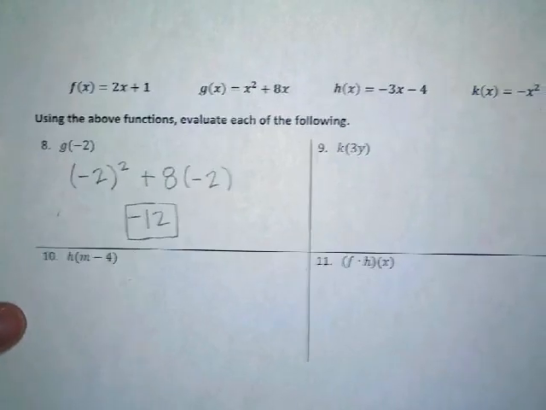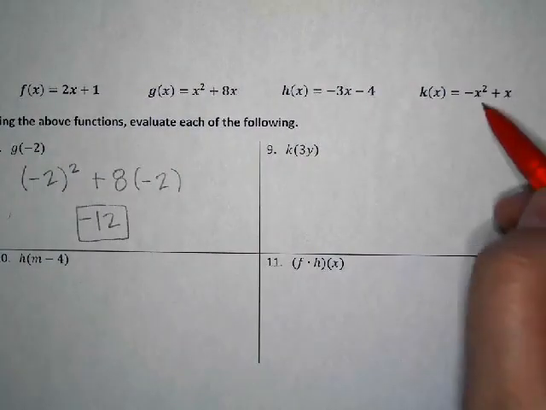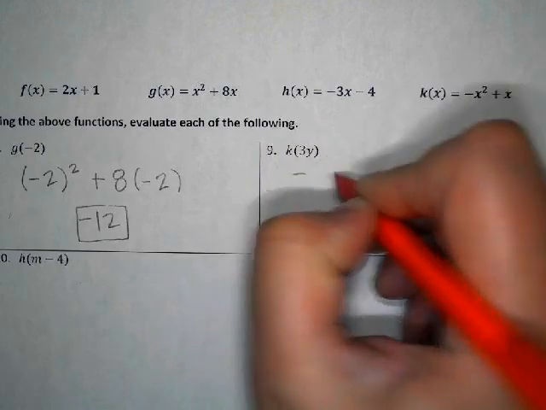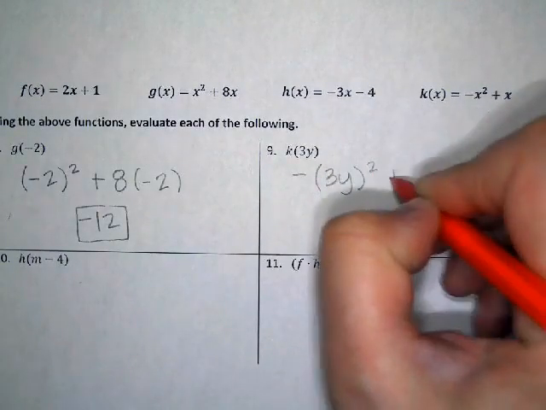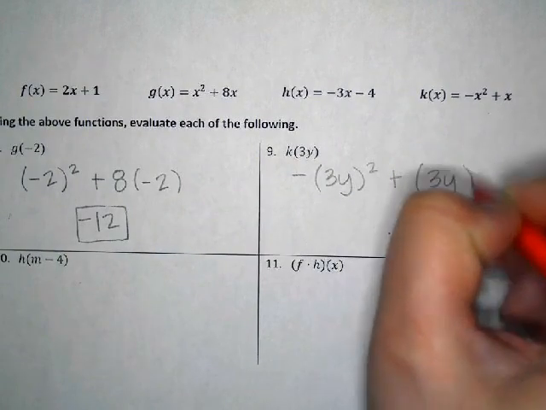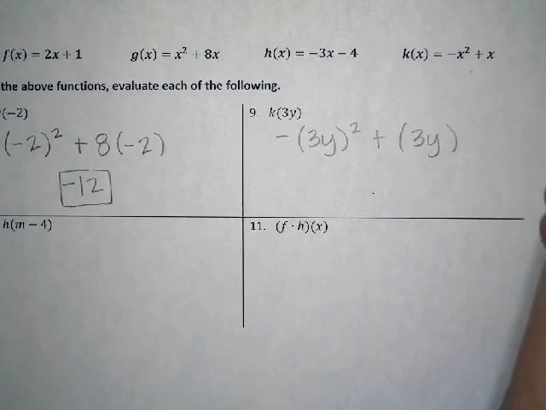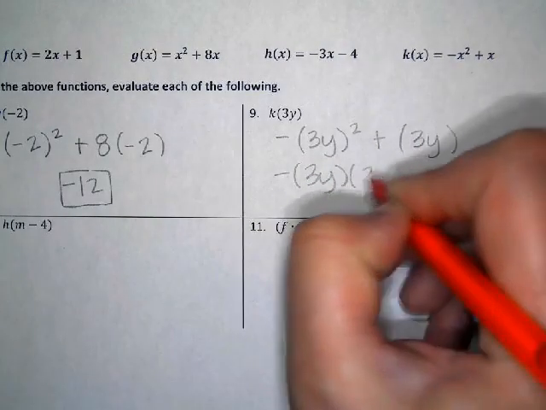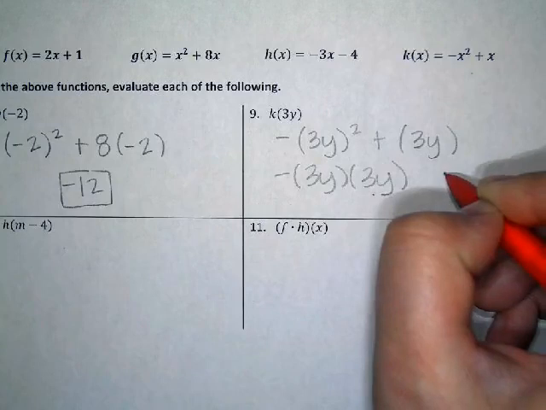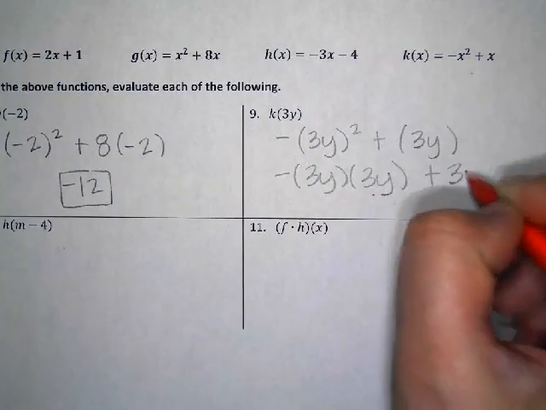We're going to take function k, and we're going to plug in 3y. So I've got negative of 3y squared plus 3y. So negative of 3y, I'm going to write this twice. Plus, I don't really need those parentheses.